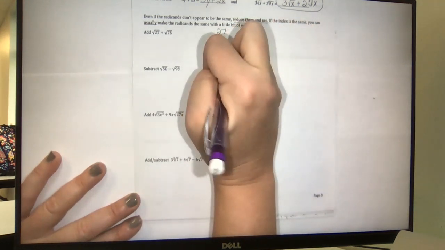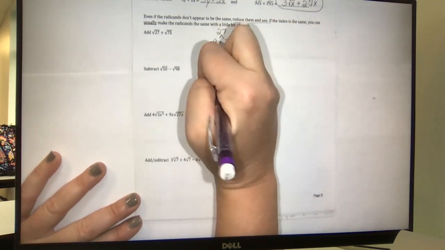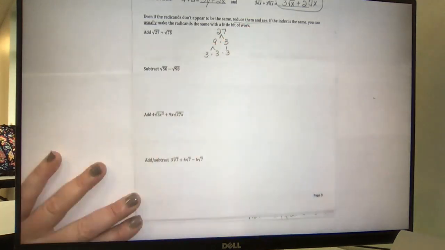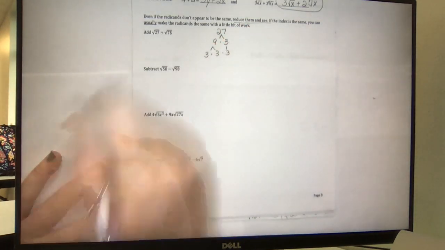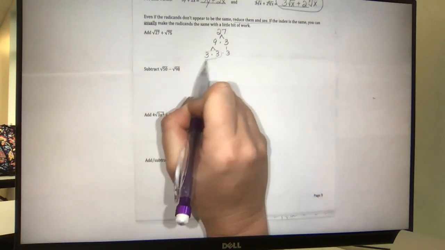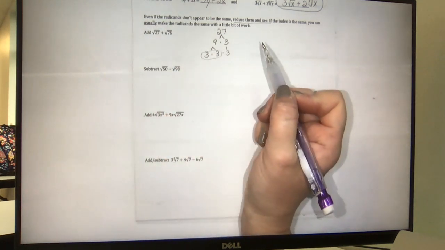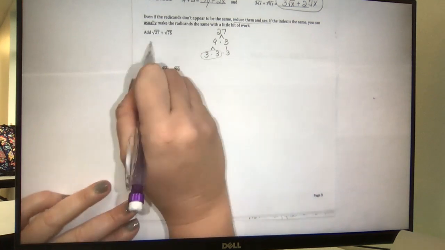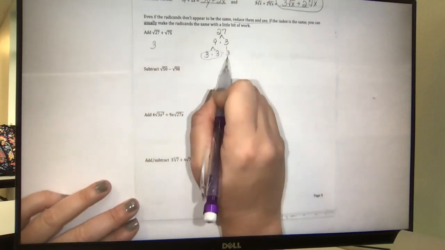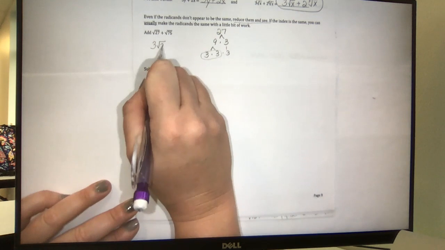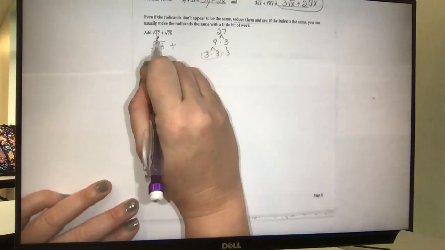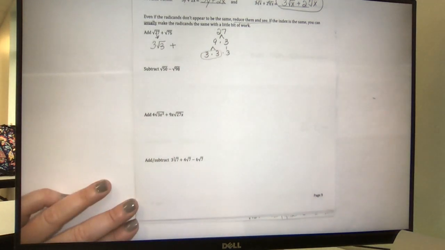I'm going to have to do a factor tree. And this is what I end up with. My index is 2, so I'm going to circle a group of 2 of the same. I'm going to bring just one of them out and leave everything else inside. So I reduced root of 27 to 3 root of 3.